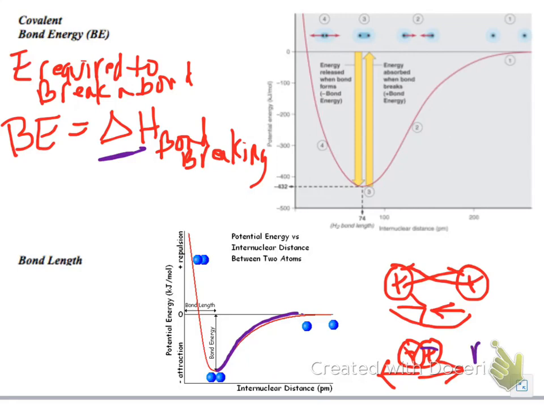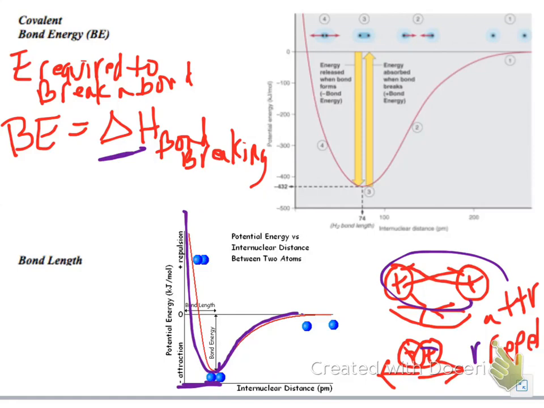And that repulsion is going to lead to this big increase in energy, which is undesirable, right? We want to go to lower energy to be thermodynamically favored. Okay. So the bond ends up forming at a length that is just the right distance so that we have more attraction and less repulsion in that bond.